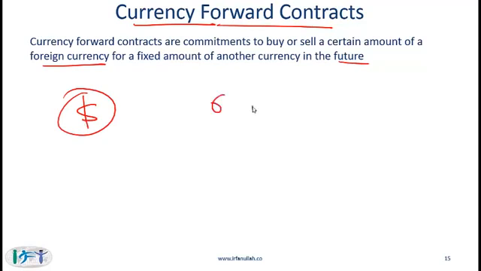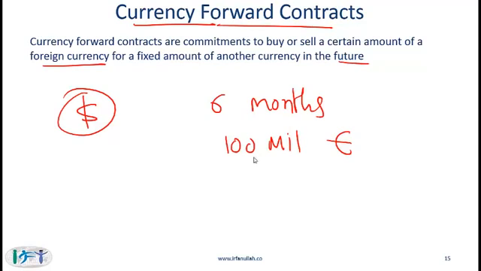After 6 months, you will need to make an investment in Europe for which you will need 100 million euro. So you are concerned with the exchange rate risk. You are concerned that after 6 months, the euro will become too expensive.